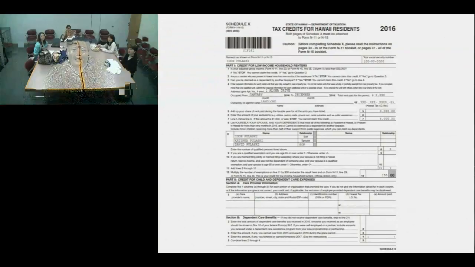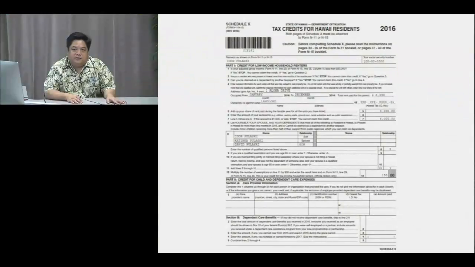If you're asking for a blank tax form for 2015, it is on the web, irs.gov, as well as the State of Hawaii website. So you can get the blank form if you feel like you should have reported taxes and income for 2015.